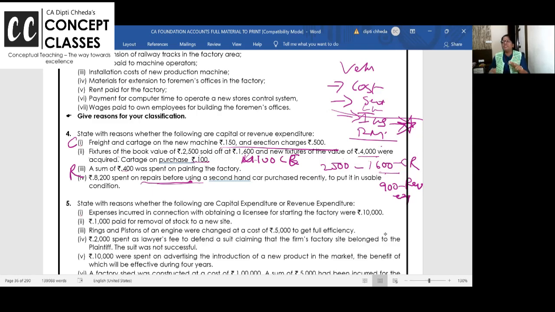You have purchased a second-hand car and some denting, painting, finishing, major repairs you are doing to bring it into present use. So the first time repairs of the second-hand car, you should capitalize this in the books. Capitalize it in the books.